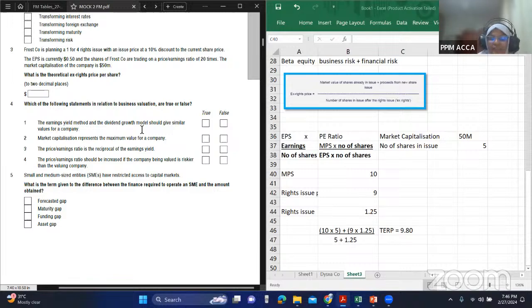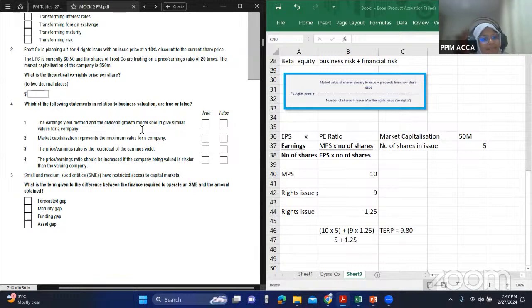So if you're an investor, if you find a company with a high PE ratio, then you tend to easily invest in that company. So now they're saying if the company is riskier, then that's a bad thing. Okay. So if the company is riskier, then the PE ratio will actually decrease. It won't be increasing. So it increasing, that's wrong. Because risky is a bad thing, and that will reflect by having a lower PE ratio, not a higher PE ratio. Okay, so that's false.